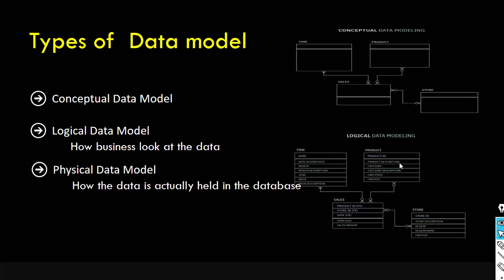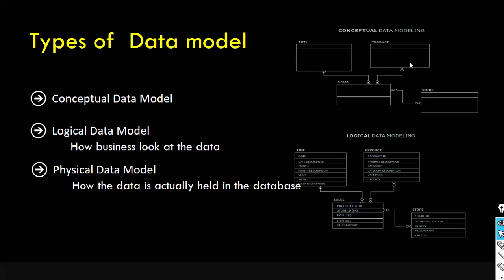And you have the product table: product ID, product name, description, price, category ID, and so on. Similarly, you have a separate, additional category table, wherein you define the category ID and category name.